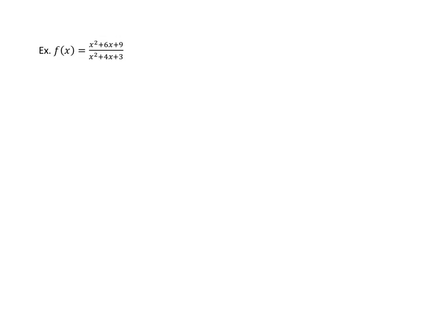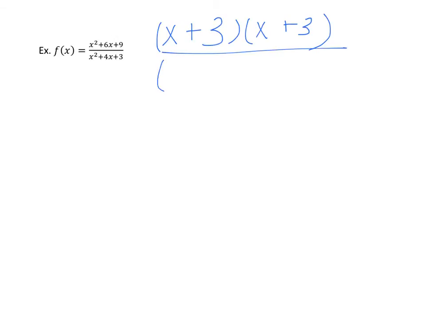Okay, one more time. Try it yourself. See if you got the right idea. First thing I'm going to do is factor. See if there's any holes in this. x and x multiplies to 9, adds to 6 would be plus 3 and plus 3. x and x multiplies to 3, adds to 4 would be 3 and 1. Right here, got a hole.